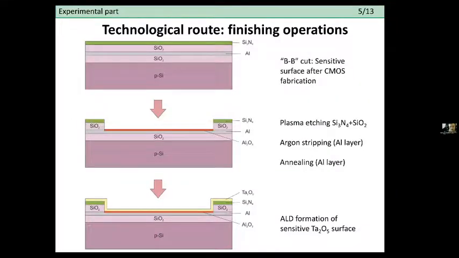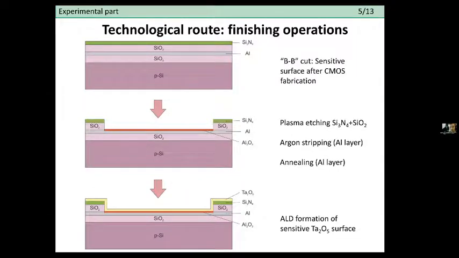At the top of the slide is a stack of silicon insulation, silicon oxide, aluminum, and silicon oxide, silicon nitride passivation, before any of the finishing operations.